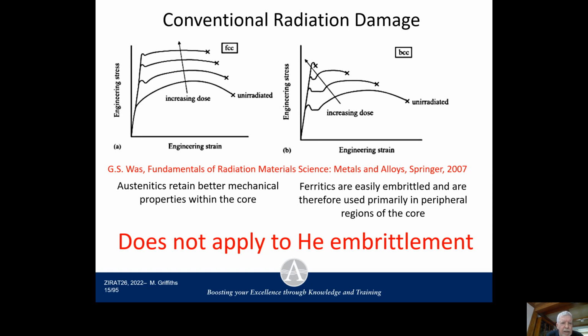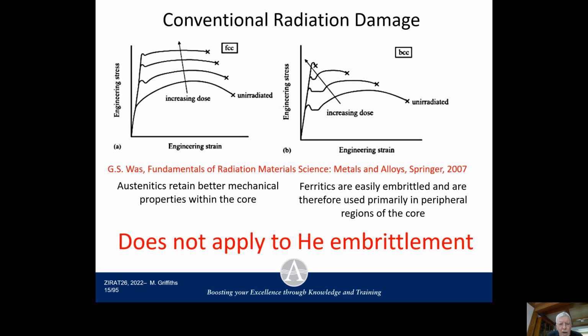Typically what you get is a reduction in ductility and an increase in the yield strength. But the noteworthy point about austenitic materials is the ductility isn't drastically reduced. It still retains some ductility, whereas ferritic steels are subject to a significant reduction in ductility when they're irradiated.